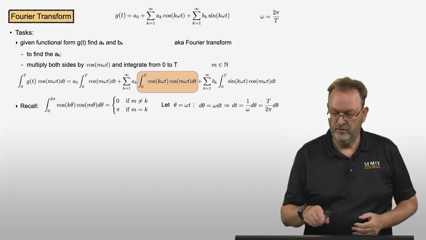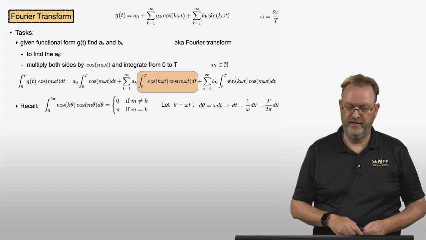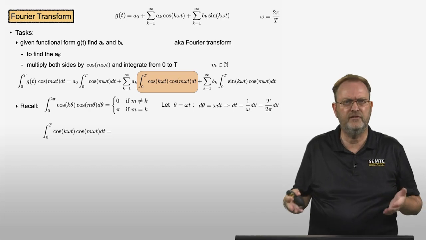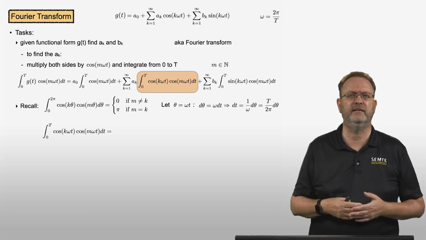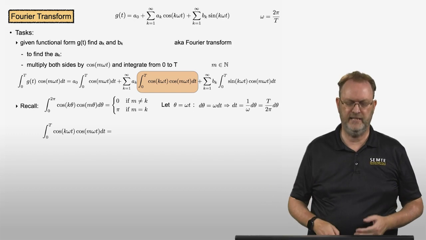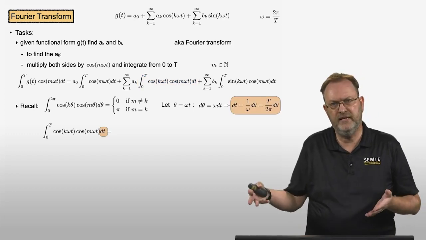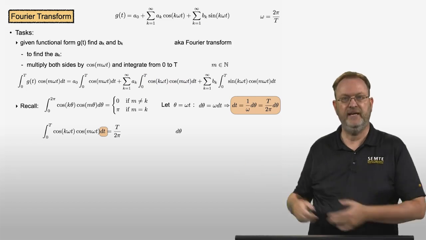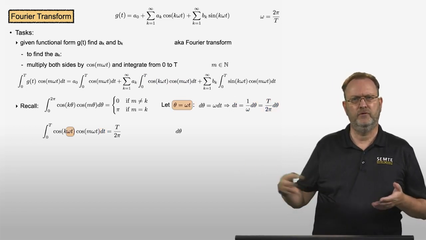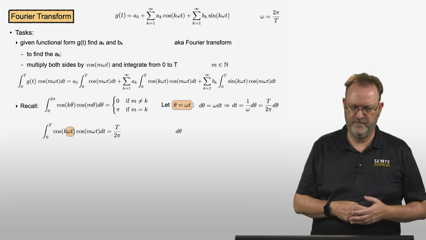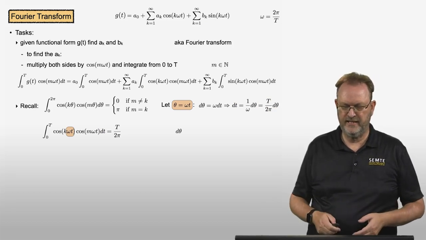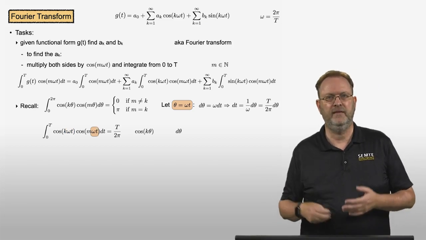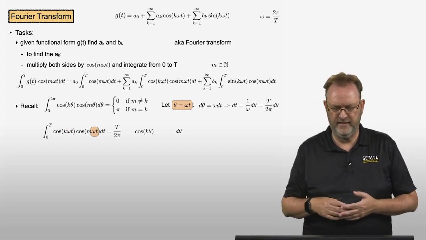Good. So let's integrate what we have in this large sum formula. Let me calculate the integral from 0 to T of cosine k omega t times cosine m omega t dt. First of all, dt was the fundamental period divided by 2 pi d theta. I'm going to do a coordinate transformation: omega times t is equal to theta, so that would be cosine k theta, and cosine of m theta in the other cosine term.